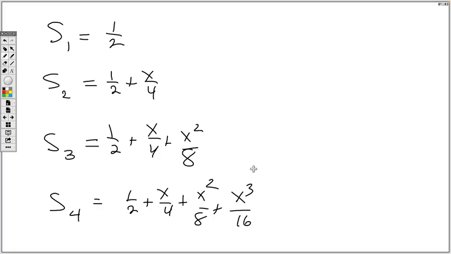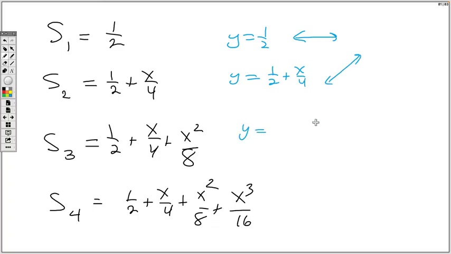You follow? When you graph these functions, what do I expect? What's the graph of y equals 1/2 going to look like? Horizontal line. What's the graph of 1/2 plus x over 4 going to look like? What's the graph of this going to look like? You with me or not?